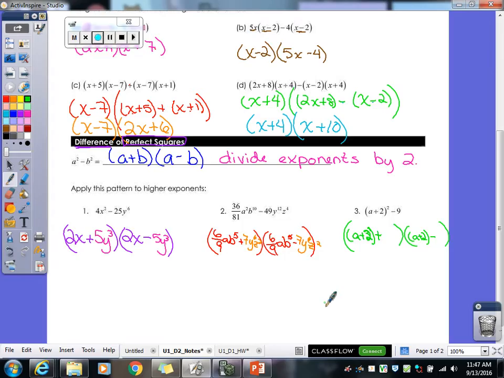And we got our plus minus, and then what multiplies to give us 9? 3 and 3. And again, of course, they won't let us leave it like that. You just have to simplify. So the 2 plus 3 makes this term a plus 5. 2 minus 3 makes that term a minus 1.